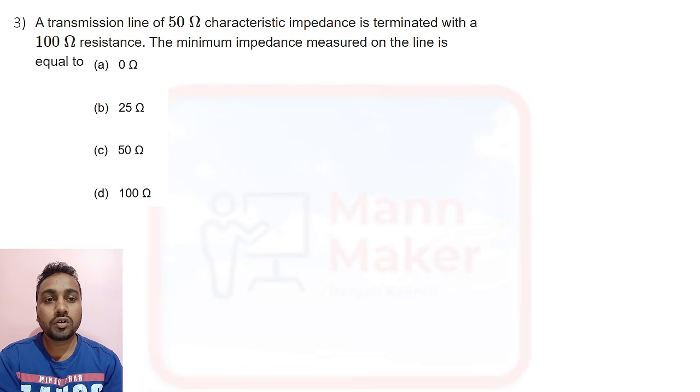A transmission line of 50 ohm characteristic impedance is terminated with a 100 ohm resistance. The minimum impedance measured on the line is equal to.